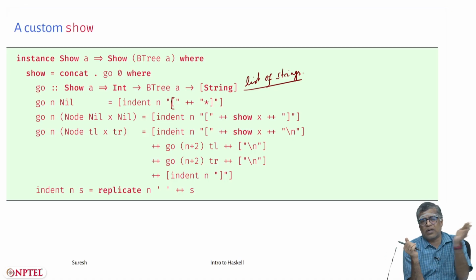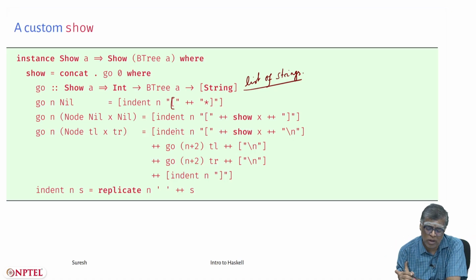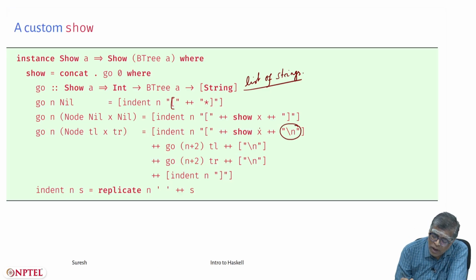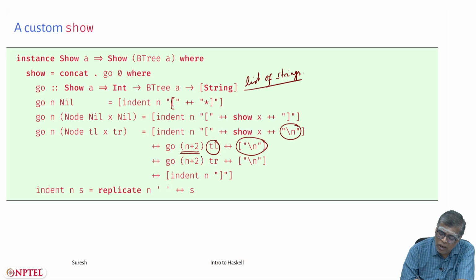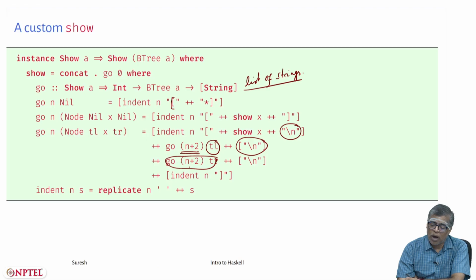Now I will indent n levels and first print the root by putting the left parenthesis and showing this, and I will create a new line, and below with indentation n plus 2 I will print the left subtree, and then I will add a new line, and then I will print the right subtree at indentation level n plus 2, and then I will add another new line, and finally I will print the right square bracket that corresponds to this.